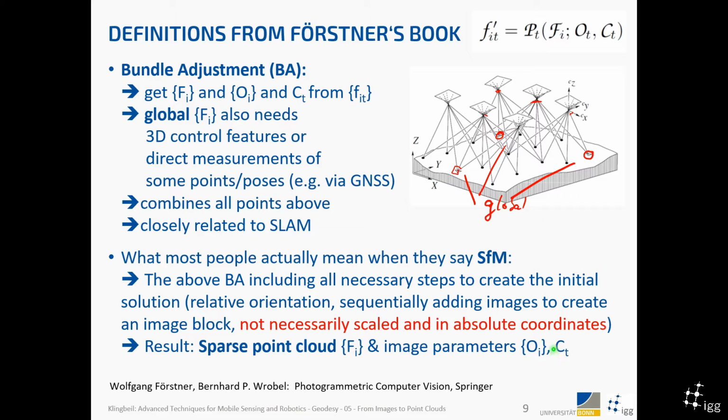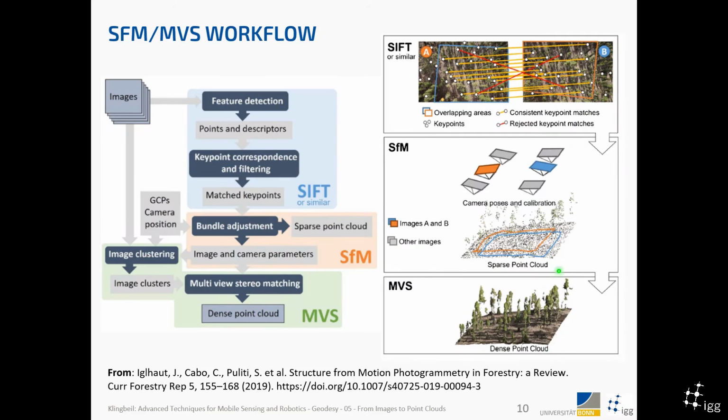So what is the workflow of this structure from motion pipeline? I will go through this, and then in the next slides I will say a little bit more about the different steps. But first we start here.